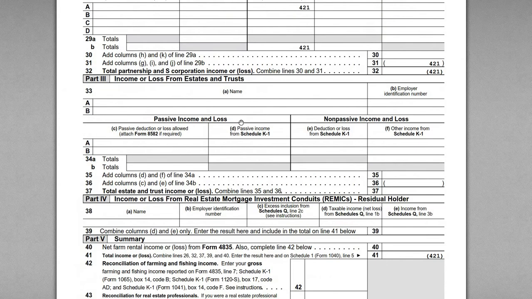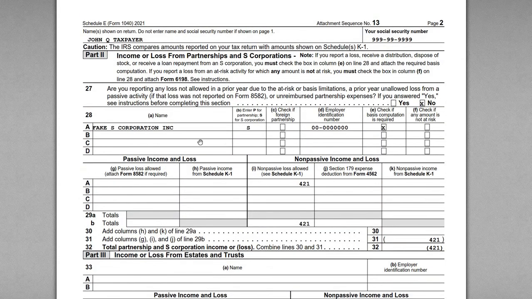Now, if we look at page 2 of Schedule E here, for those of you familiar with this, this is where you would report each K1 that you receive as a shareholder or an owner in a partnership. Historically, there wasn't much information on here, right? Up until 2017, you were always required to track your basis, but you were never submitting those worksheets to the IRS.